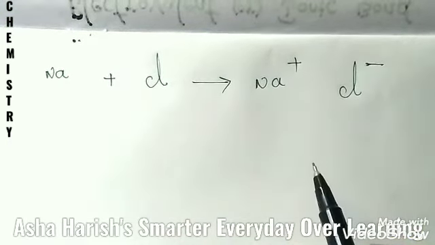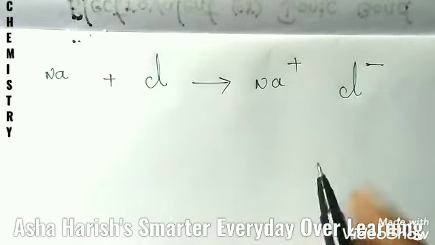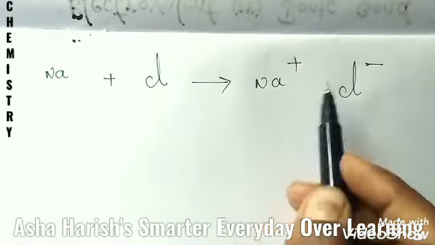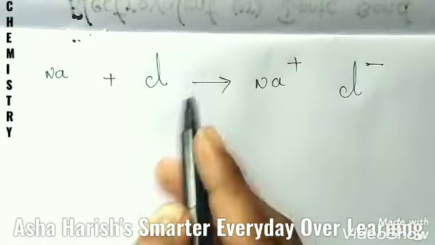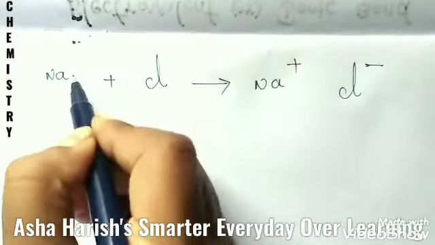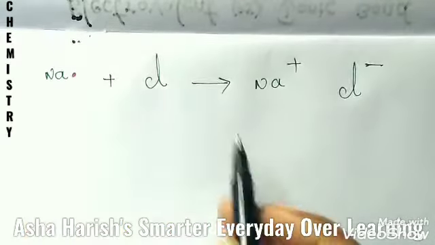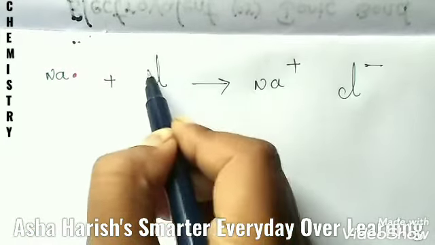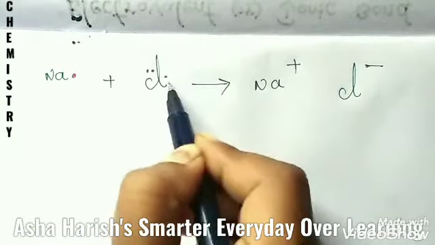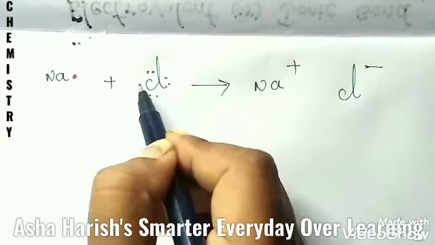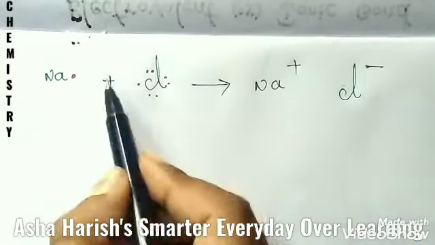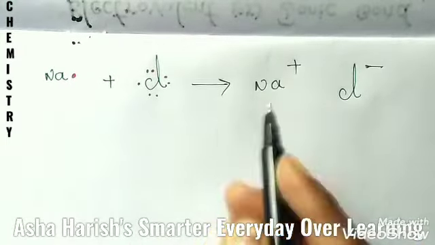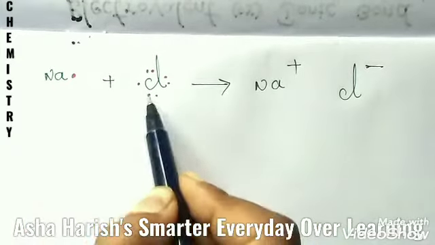If we represent the outermost electrons around these atomic symbols, sodium has only one outermost shell electron. Here chlorine has 7 electrons, 1, 2, 3, 4, 5, 6 and the 7th one. Okay students, here the transfer of electrons takes place from sodium to chlorine.